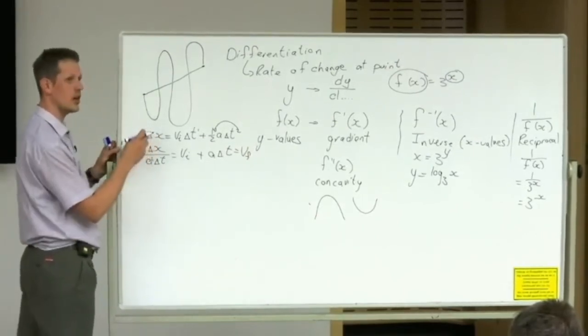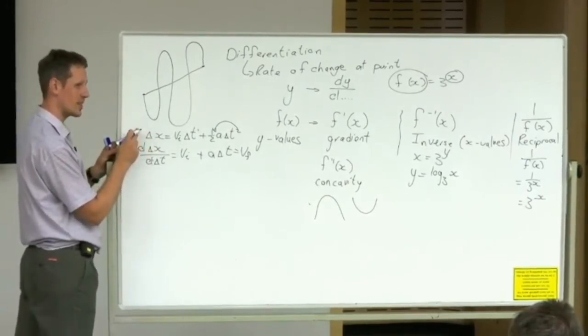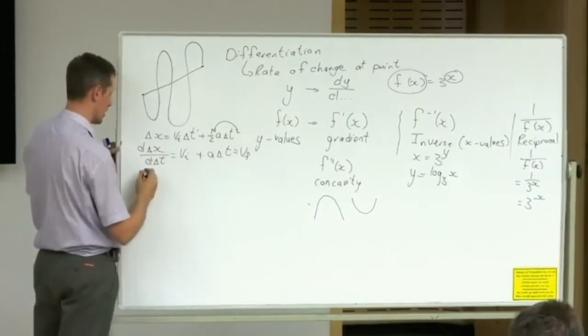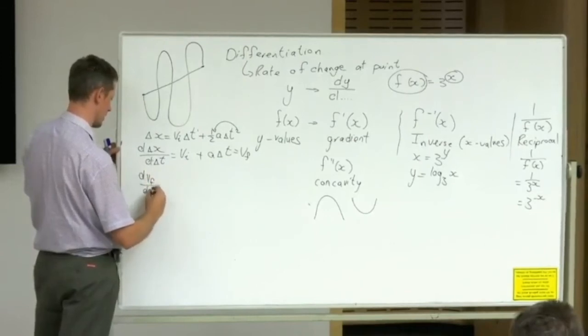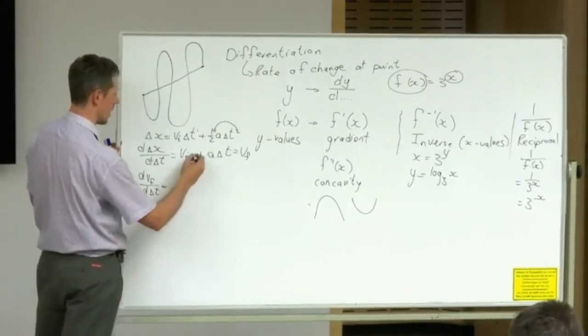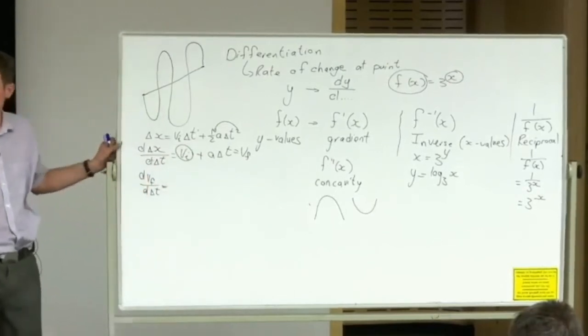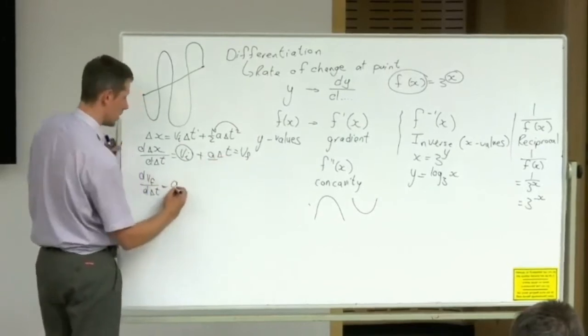The derivative of displacement is velocity. But what if I differentiate velocity? Well, that is a constant, and if I differentiate a constant, the answer is 0. So what am I left with? Acceleration.